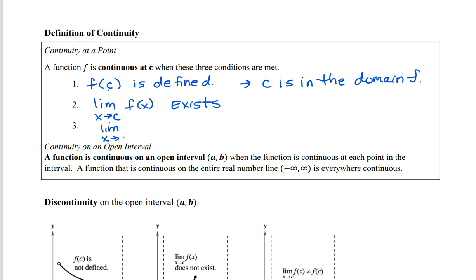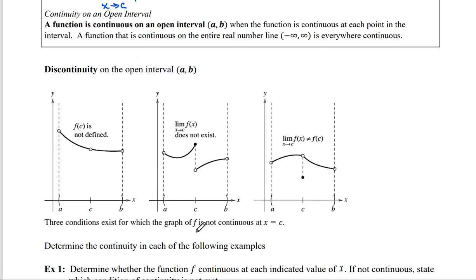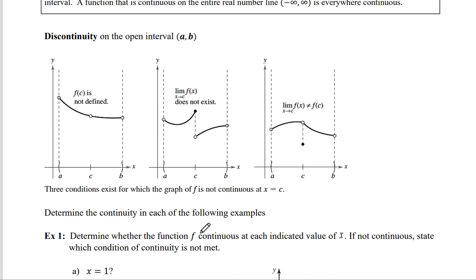So the limit, when x approaches c from both sides of f of x, has to actually approach the value of f of c so that they all match up and you have a nice continuous flow. These are conditions that you must memorize to prove continuity at a point.